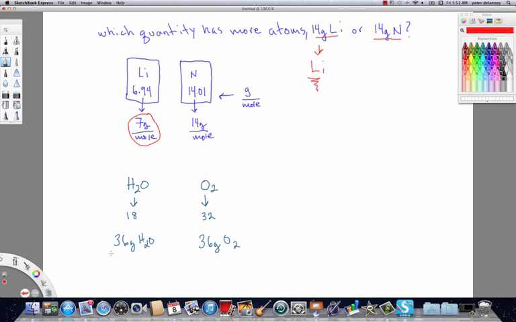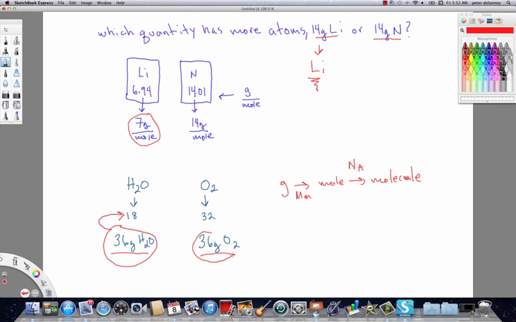All right, so you could launch into a mass to mole to molecule calculation if that's what you think you need to do. You know, and if we're going to do that, it would be a 2-step problem. We would divide by the molar mass and then we would multiply by Avogadro's number. But you don't need to do that. You can look at this mass and compare it to the molar mass.